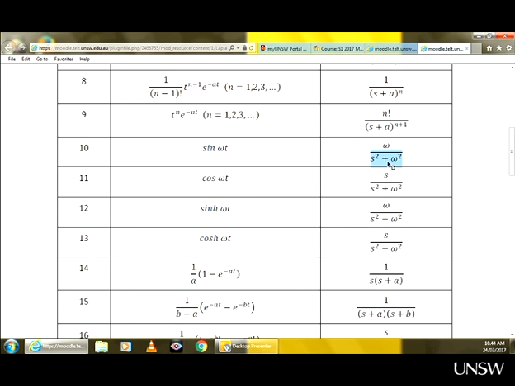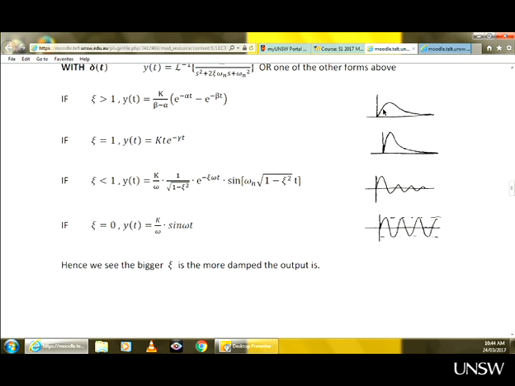The denominator is s squared plus omega squared. And as a result, we have sine omega t. Back here, we'll have this constant k omega times sine omega t. So now we have undamped oscillations. Therefore, the name undamped system. Our output oscillates forever with a constant amplitude, k over omega.